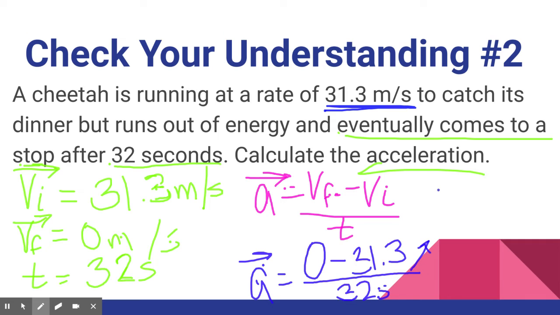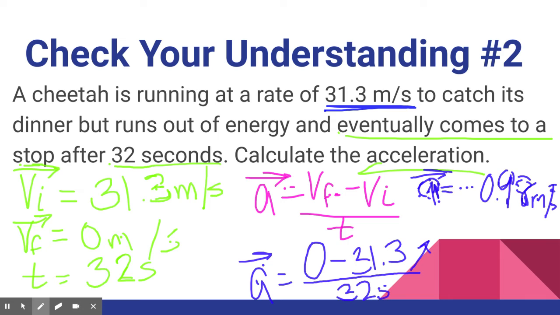Put that into my calculator, negative 31.3 divided by 32, which gives me an acceleration of roughly negative 0.98 meters per second squared.